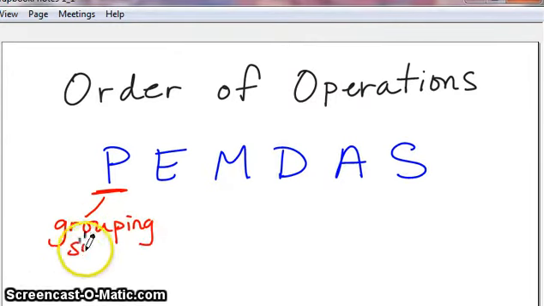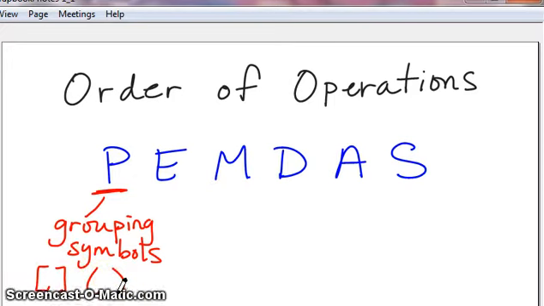So keep that in mind. Grouping symbols, we have brackets, we have parentheses. We need to key in on these and work whatever problem we have inside the grouping symbols first.